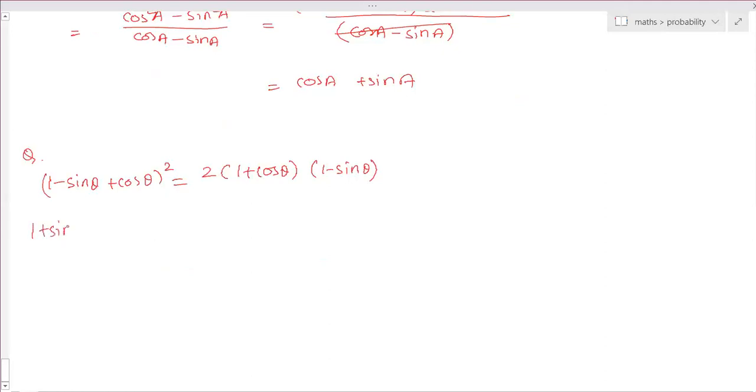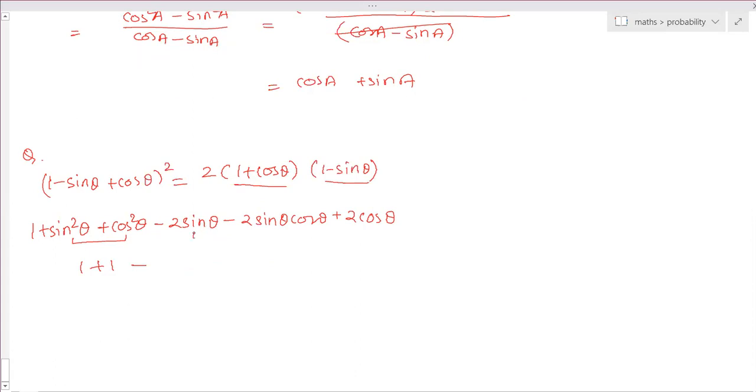One plus sine square theta plus cos square theta minus 2 sine theta minus 2 sine theta cos theta plus 2 cos theta. What do you need? 1 plus cos theta and 1 minus sine theta is needed. So sine square plus cos square is 1. 1 plus 1 minus 2 sine theta.